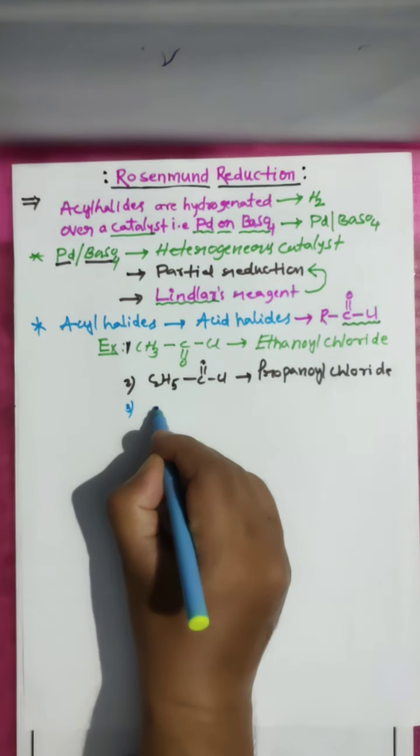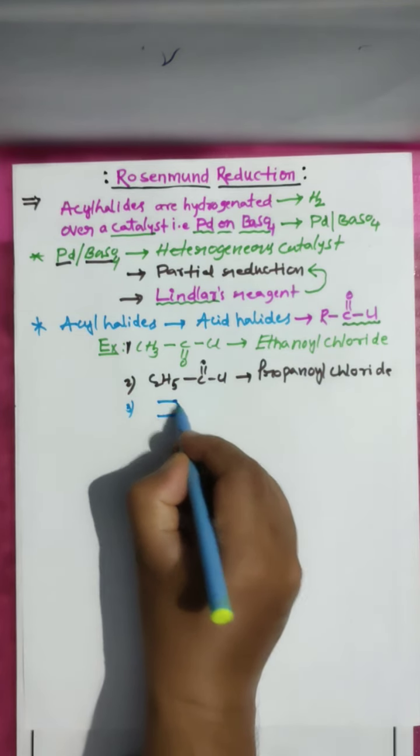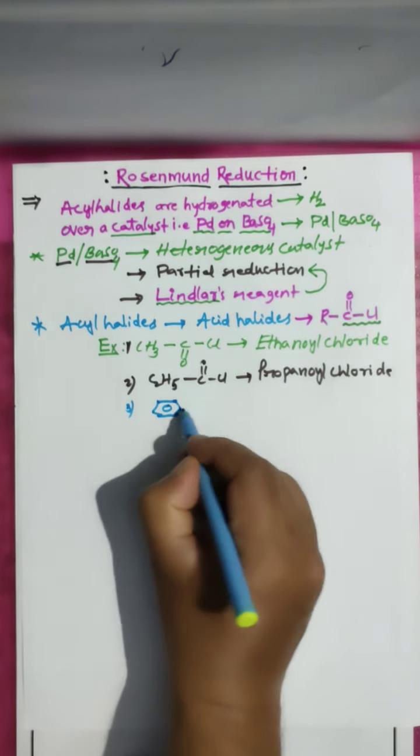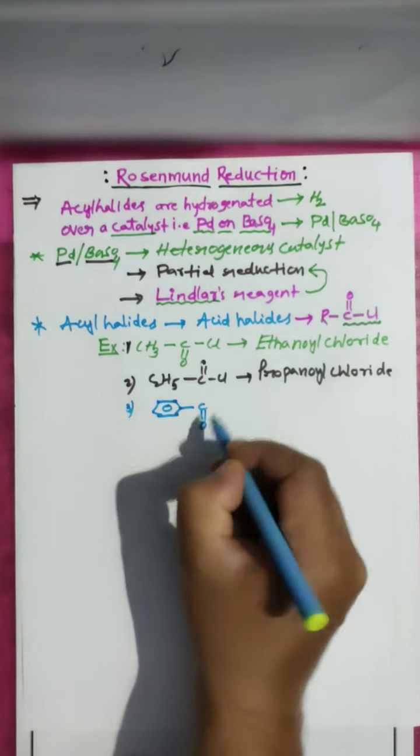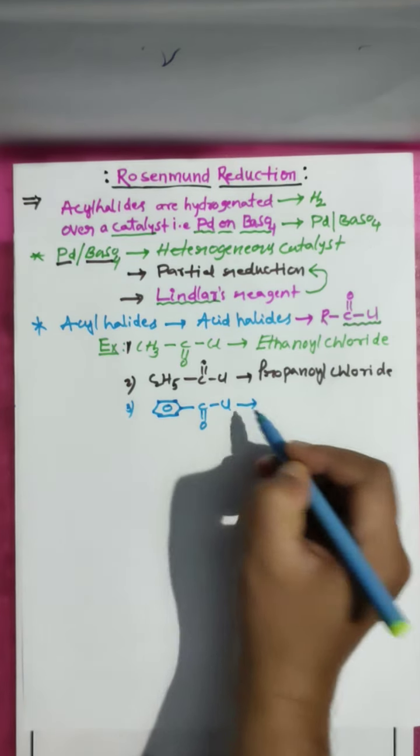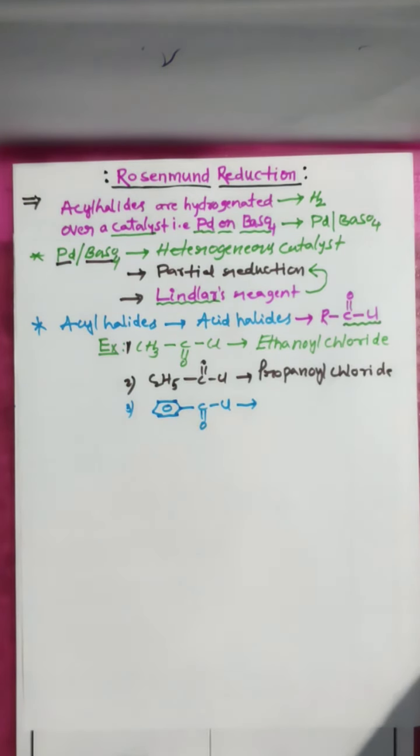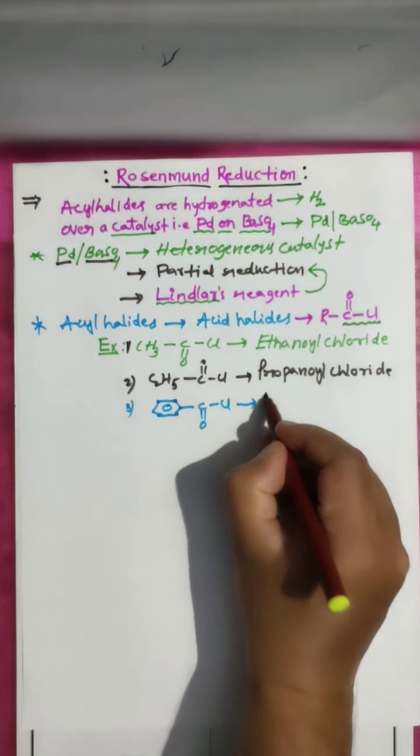Another example. Here I am giving one aromatic ring, that is benzene, C double bond O and Cl. What is the name of this product? Benzoyl chloride.